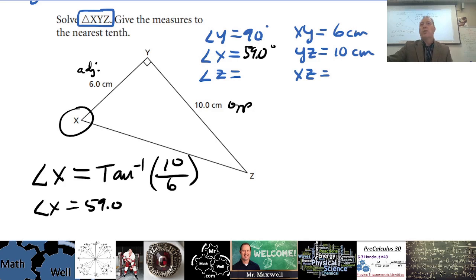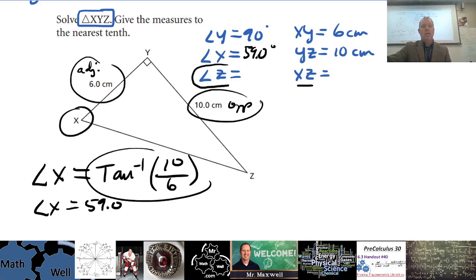Okay. All right, now you have options. We can use another trig ratio to find angle z. I could use the trig ratio again, like this. It would be opposite over adjacent. Oh, I could do tan to the negative 1 again.